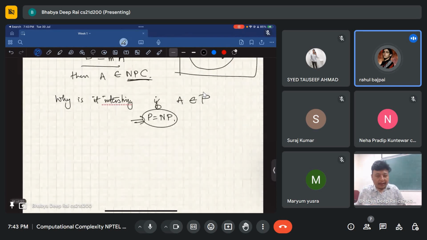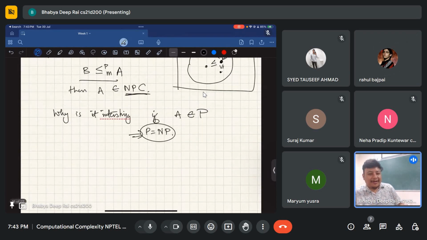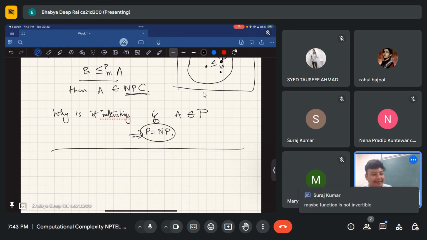Yes, Rahul, that is another huge problem that is studied, which is what are called isomorphic reductions. You can check it out later on. And maybe the function is not invertible. Right, Suraj.